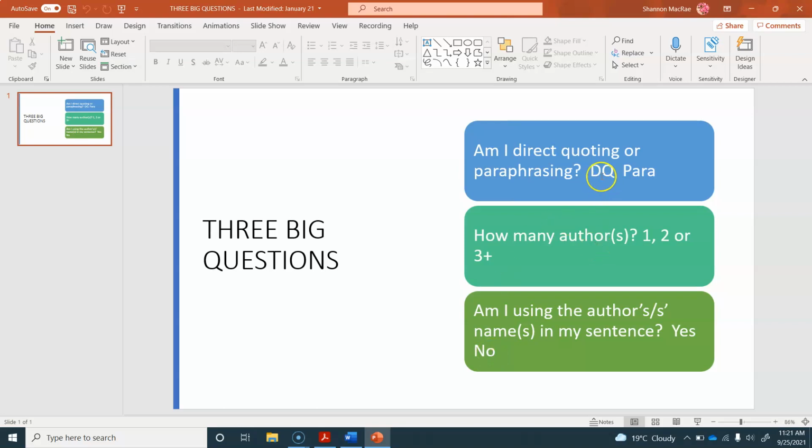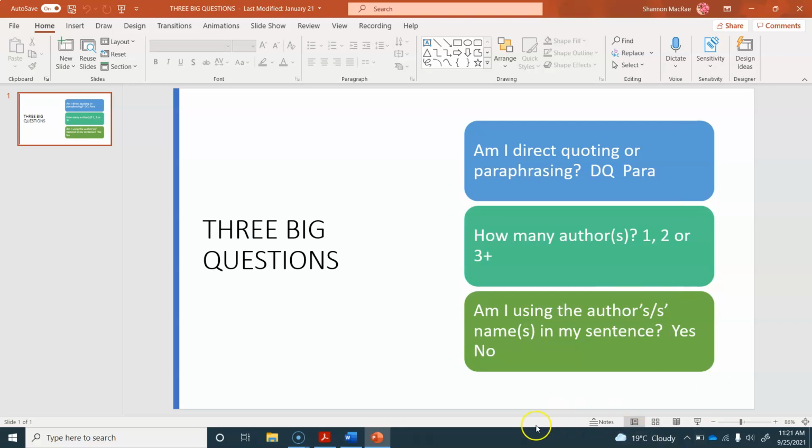But if I'm, say, direct quoting, have three or more, and I am using those names in my sentence, I'm going to do something a little bit different. Okay, so knowing what you're doing according to these three questions helps you identify what pattern you're going to use to construct your in-text citation.